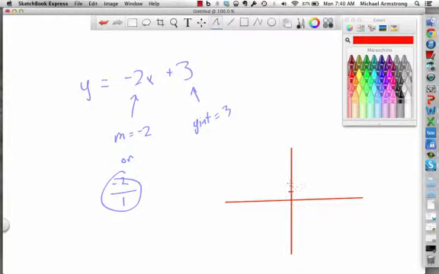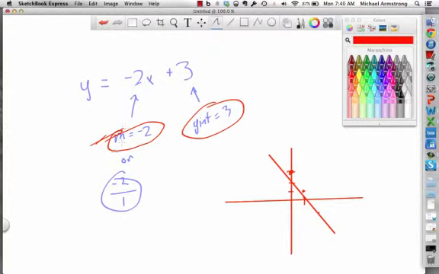Positive 3 is up here. It's the first thing. Find that first point on the y-intercept, and then our slope is negative 2 over positive 1. And then we could go down 2 over 1. And slope looks like that, basically. It's much easier with a ruler. And you will have a ruler. So good luck with that one. This is how you do all of these. You just have to find the y-intercept right here, and the slope m equals negative 2.